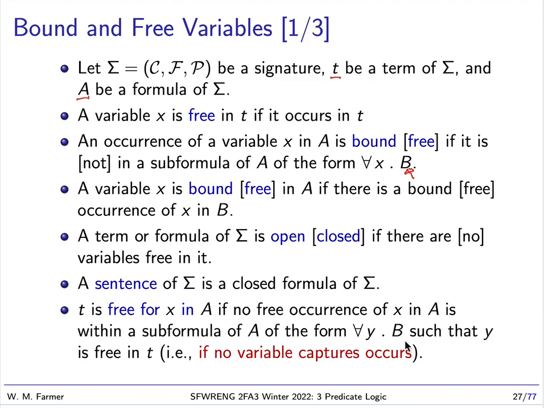That means x occurs in a B where there's a binder on the outside, and y is free in t. So if a term is free for x in A, that means if I substitute t for the free occurrences of x in A, there will be no variable captures. That's why this notion is important.